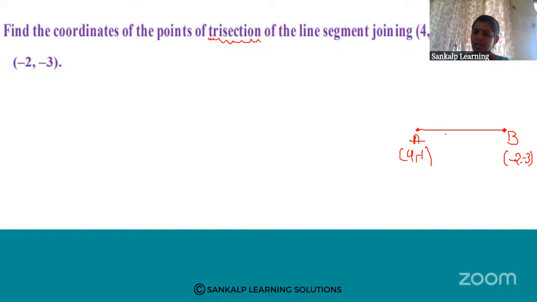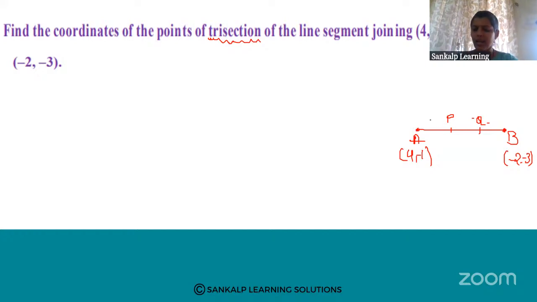Trisection means if I consider two points P and Q, they divide the full line AB into 3 parts. A to P is one part, P to Q is another part, and Q to B is the third part. So P and Q divide AB into 3 parts.